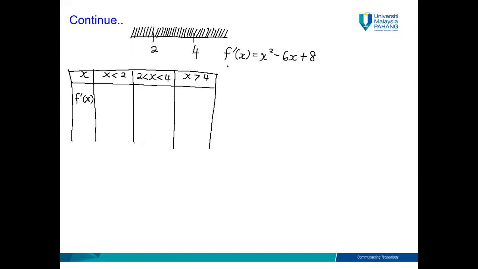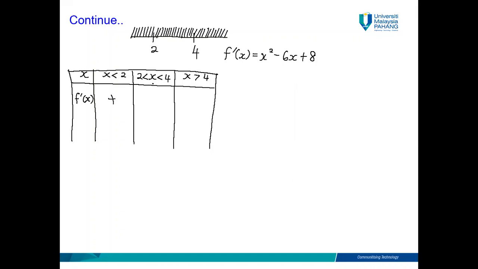If you substitute 0, or negative 1, or negative 10, you will still get the same answer: 0 minus 6 times 0, 0, plus 8, so it is positive here.